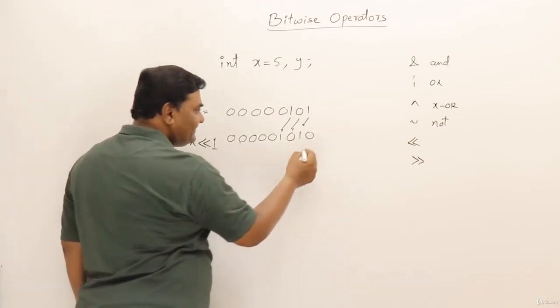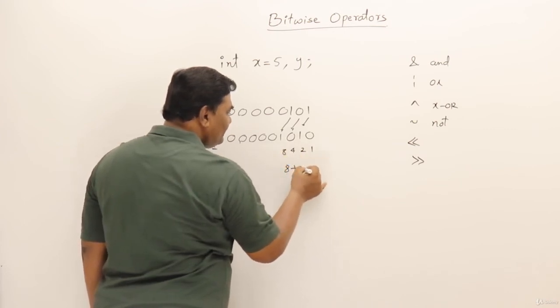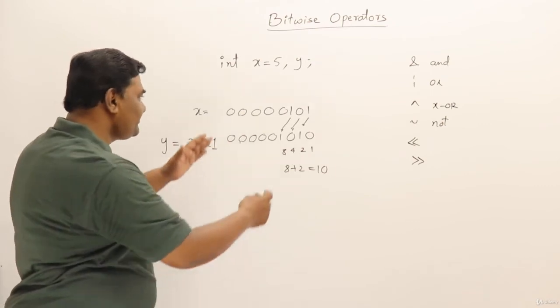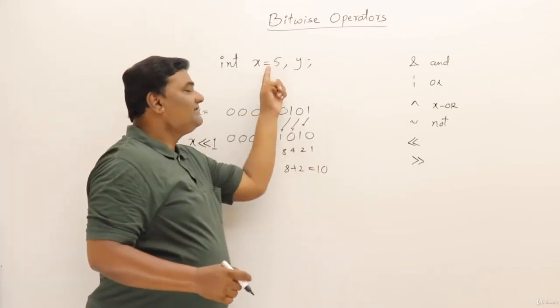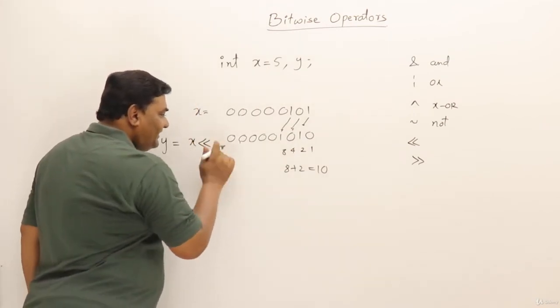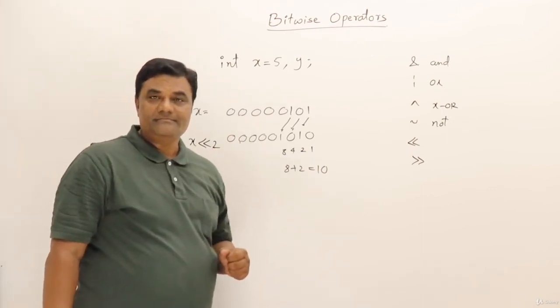Now how much is this? This is 1, 2, 4, 8. So this is 8 plus 2. This is 10. So actually what has happened is, when you shift all these bits to the left by one space, this 5 gets multiplied by 2. If you move them by 2 spaces, it gets multiplied by 4.